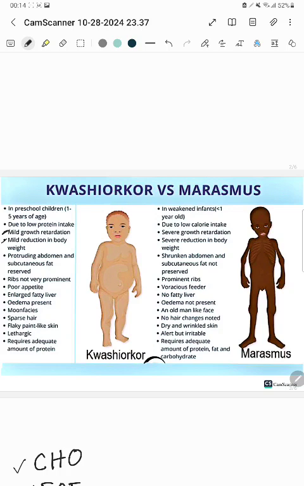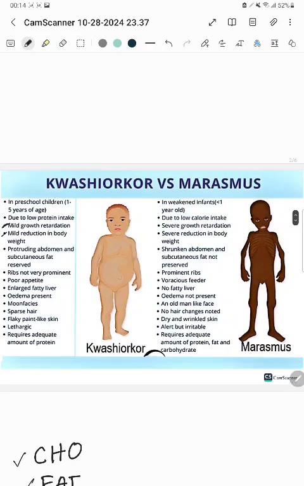And as we already learned, there is an enlarged abdomen due to enlarged fatty liver, edema, and moon face is present here. Related to that we can see some flaky paint-like skin, and he will be lethargic, and to correct this condition he requires an adequate amount of protein.